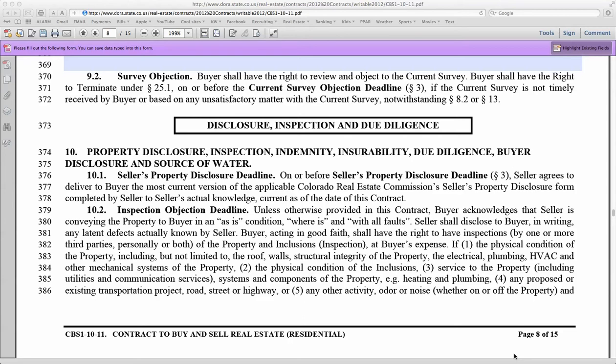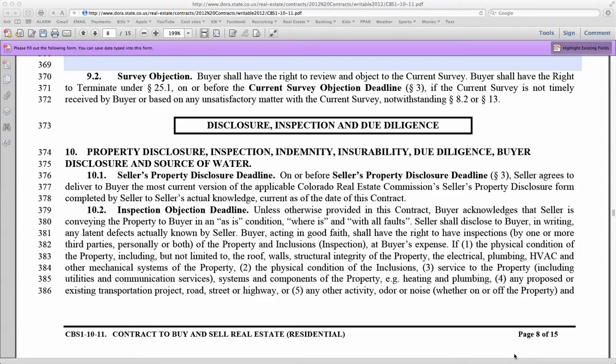If they do not want to provide one of these, you need to put an NA for non-applicable in the dates and deadline section in section 3. If there is a date provided in there and the seller then signs this document, that is them agreeing to provide this. It is an optional document that the seller does not have to provide unless they sign this document agreeing to provide it.